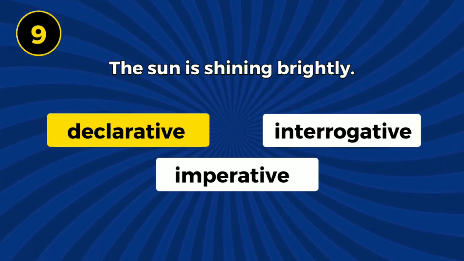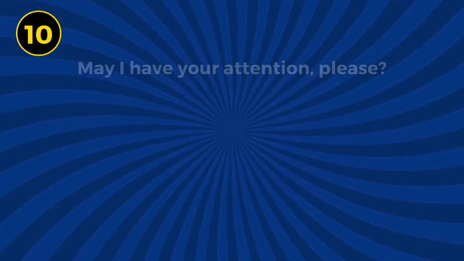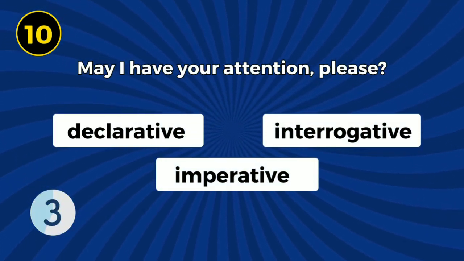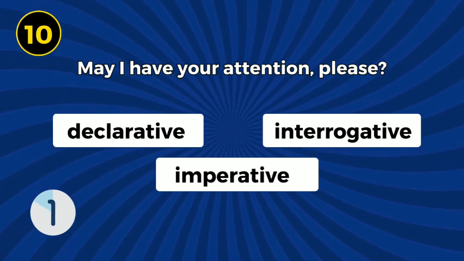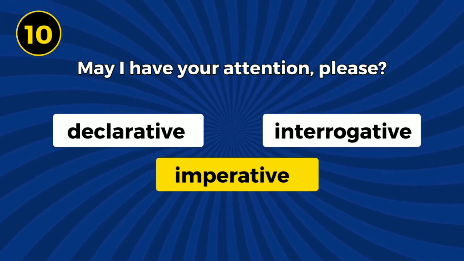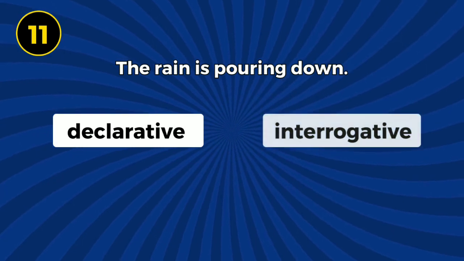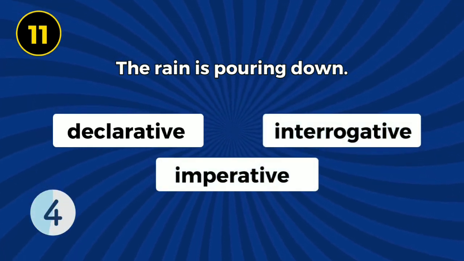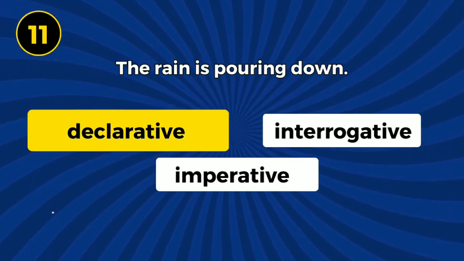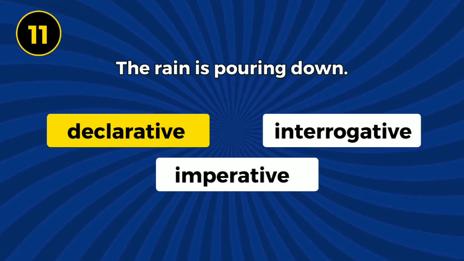The sun is shining brightly. It is a declarative sentence. May I have your attention, please? It is an imperative sentence. The rain is pouring down. It is a declarative sentence.